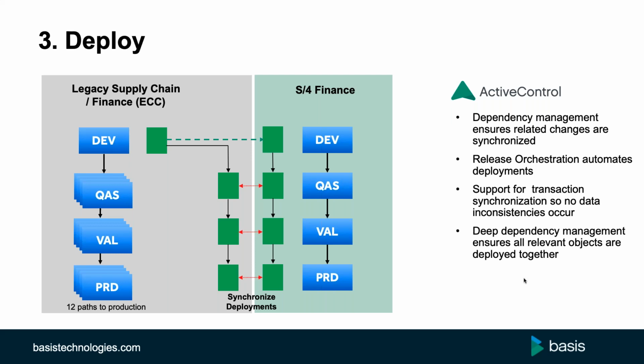And in an even extreme case, if there is an inconsistency in the configuration, it could lead to the accounting document successfully posting, but with an inconsistent result compared to how that accounting document posted on the ECC side. So maybe not in all cases, but in some cases, it could be relevant. It could be important to have, again, the confidence that changes will only move through the landscape in a synchronized way.